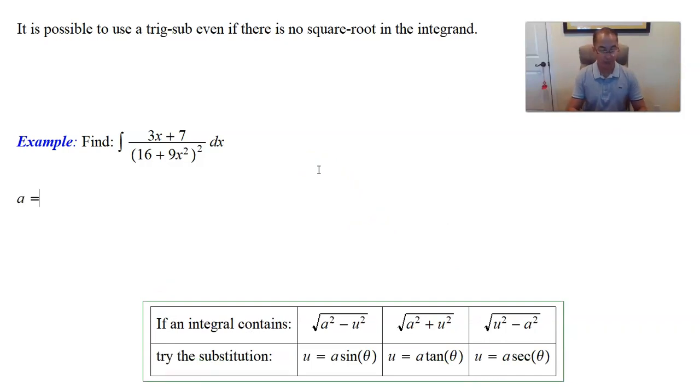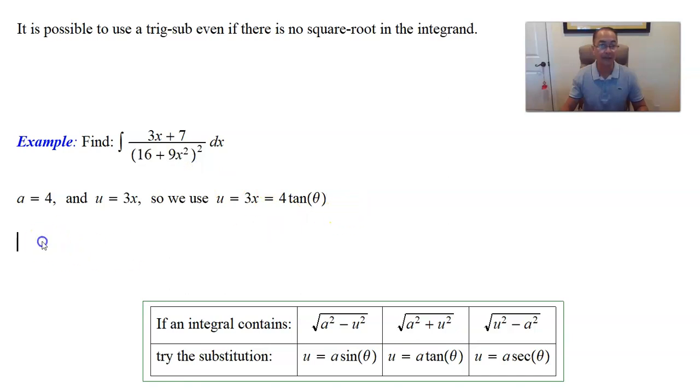A is 4. 4 squared is 16. And u is 3x. 3x quantity squared is 9x squared. So we use u is 3x is a, 4, times tangent theta. Okay. So now we don't have a square root.